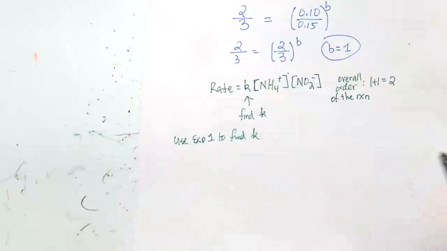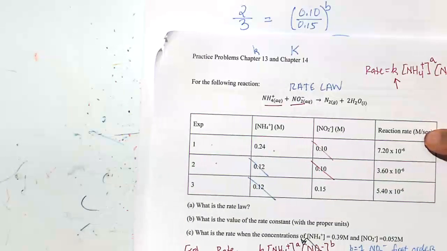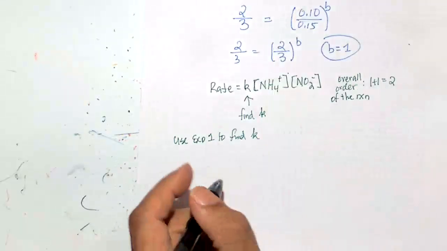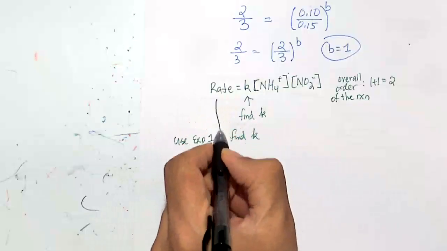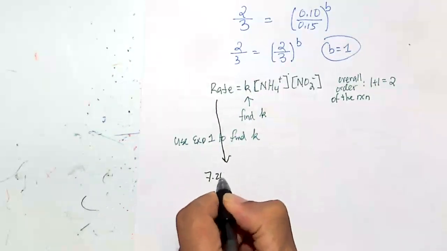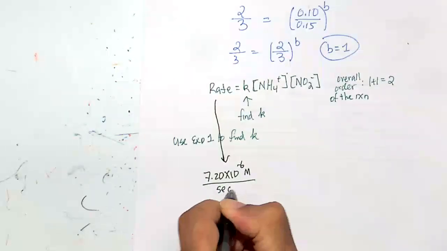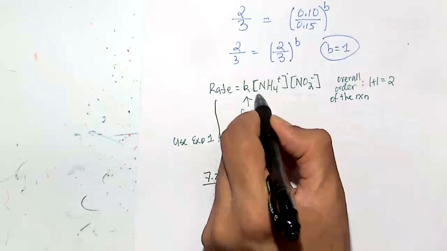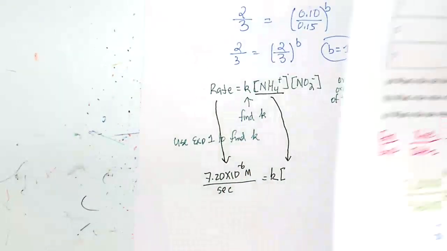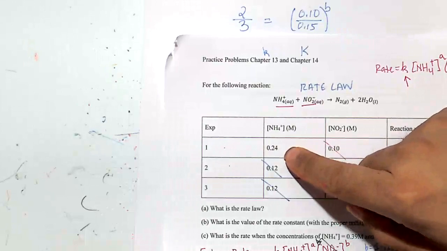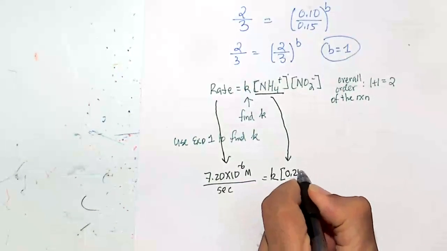So what is the rate for experiment 1? The rate for experiment 1 is 7.20 times 10 to the minus 6 molar over a second. Okay, the concentration of NH4 is going to be raised to the first power. 0.24 molar raised to what power? 1.